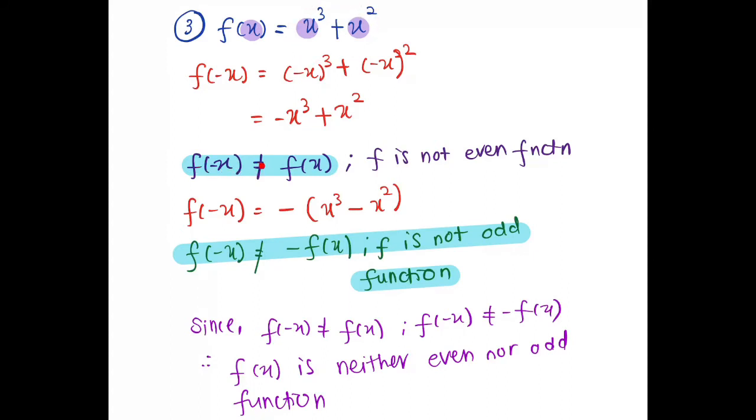So f(-x) is not equal to f(x), therefore it is not an even function. Then let's try to factorize out the minus, in case this is an odd function. When you factorize out the minus, this is not f(x). So we can conclude f(-x) is not equal to -f(x). Therefore, it is not an odd function. Since it is not even and not odd, we can conclude that this f(x) is neither an even nor an odd function.